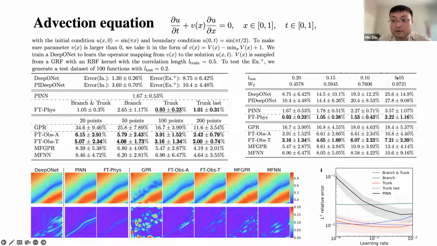We use 100 data points for the fine-tuning methods with new observations. Decreasing the correlation length represents an increasing level of extrapolation.